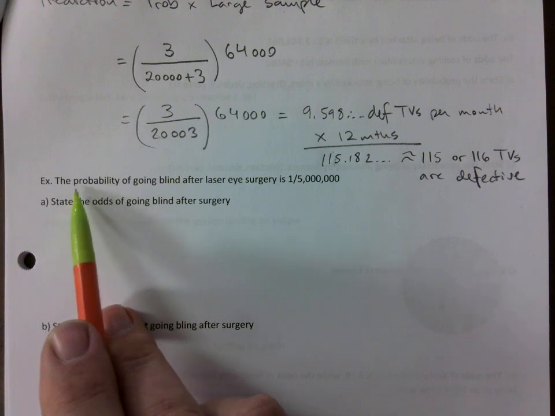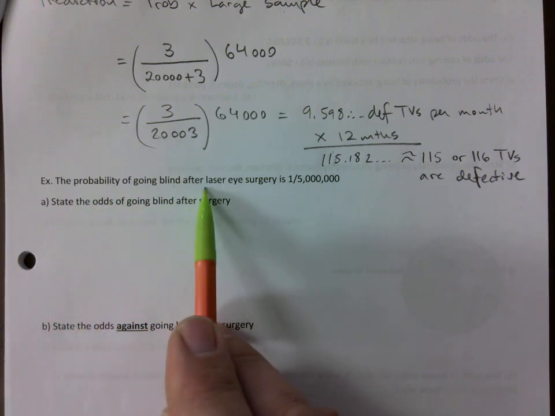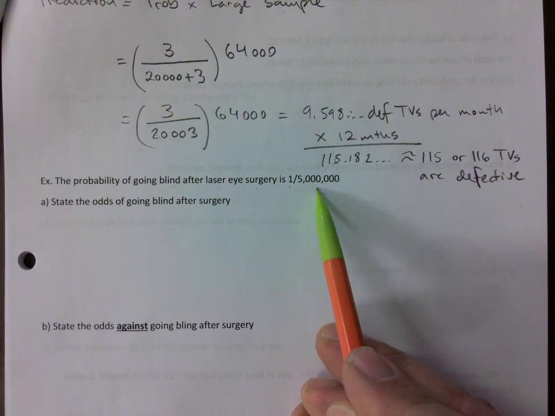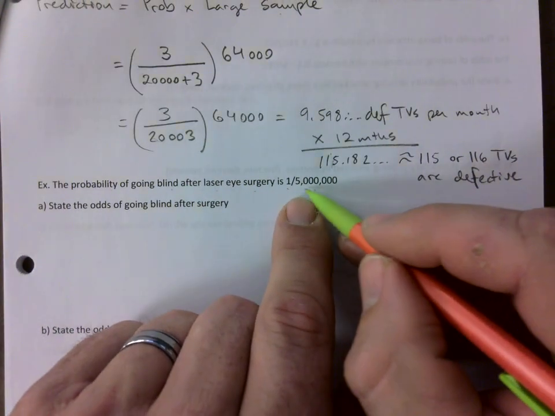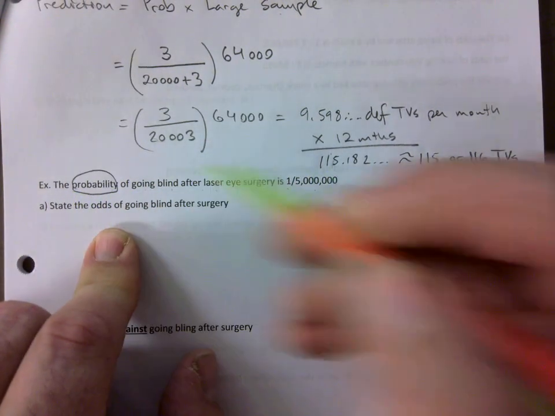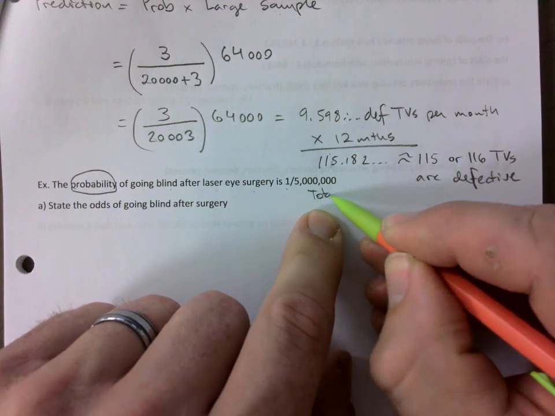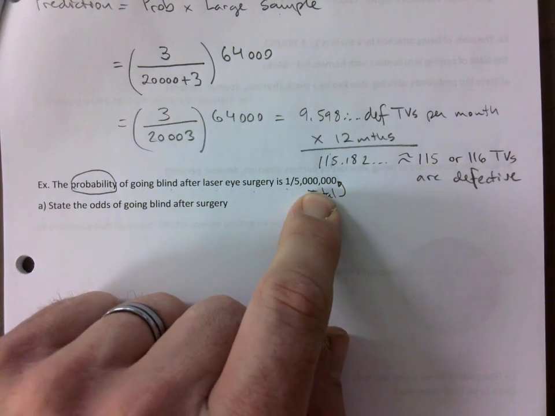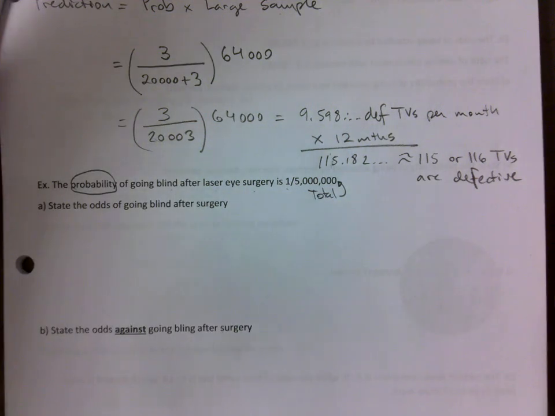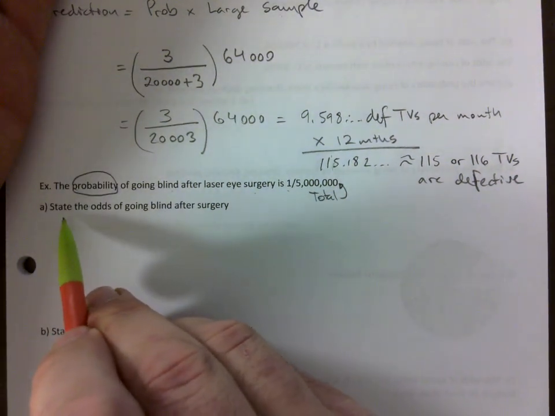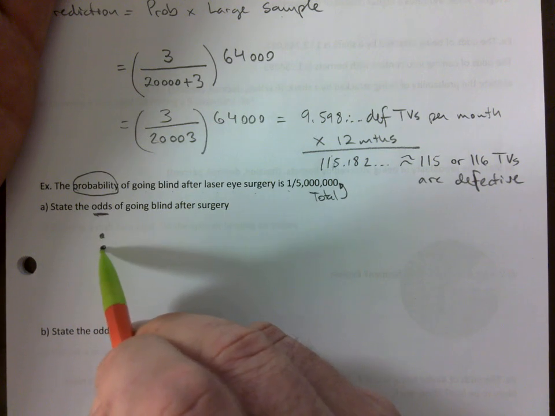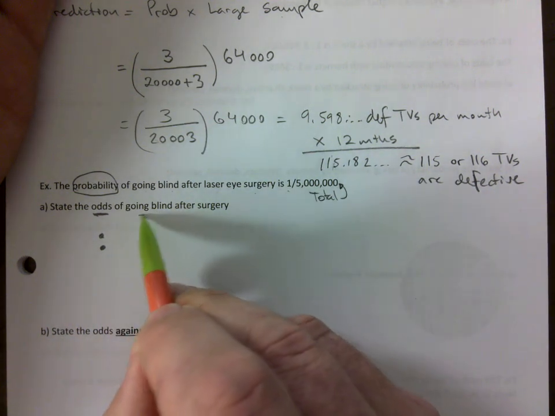Example, the probability of going blind after laser eye surgery is 1 in 5 million. So remember, this is total because we're talking probability. This is your total. 1 out of 5 million total end up with the patient going blind. So now it says state the odds. So right away you should think of going blind after surgery.